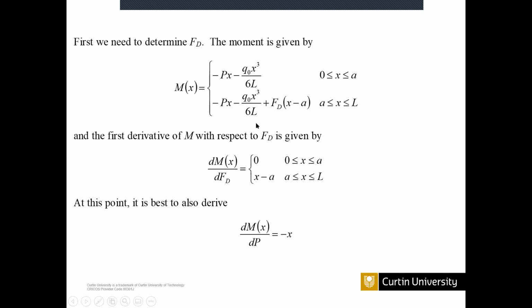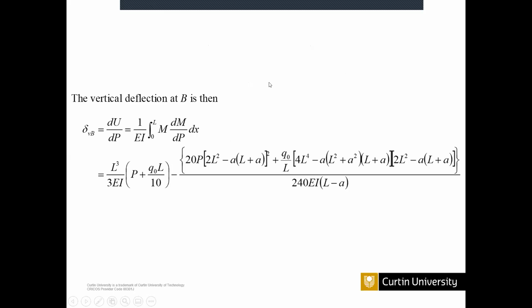Because FD is now a known thing, not an unknown thing, just substitute the FD value you already found. And dM by dP is minus x. Then expand and integrate with respect to x and substitute the limits, and you will end up with this kind of answer.